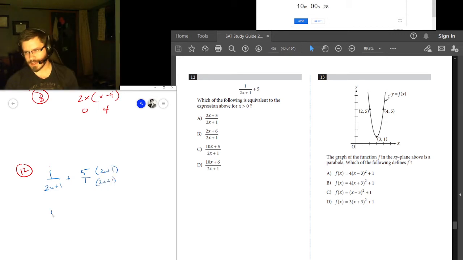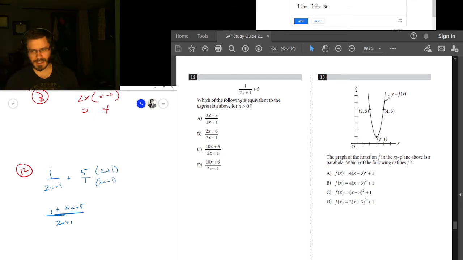Distribute that through, you get 1 plus 10x plus 5 over 2x plus 1. So you can see right away that that becomes 10x plus 6, which is D. Don't do the extra step unless you absolutely have to.